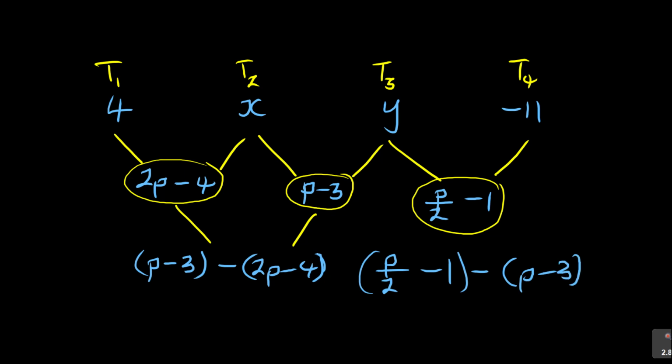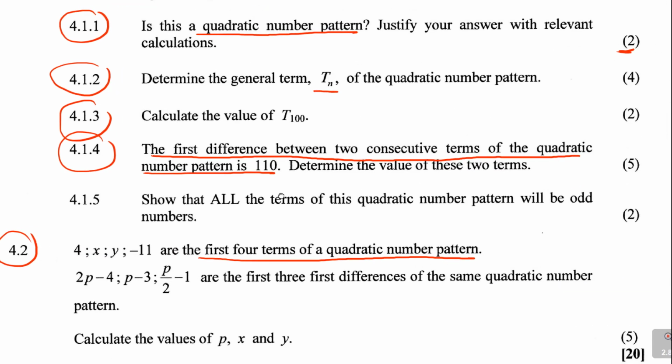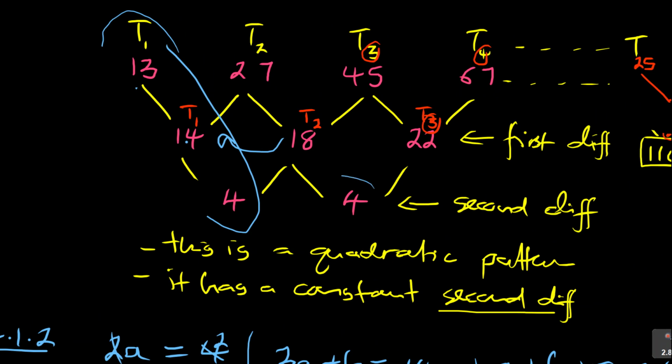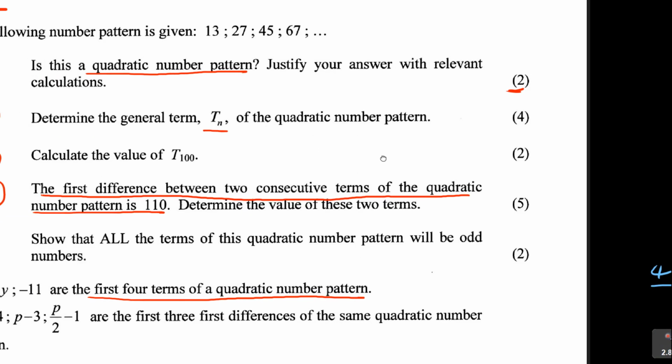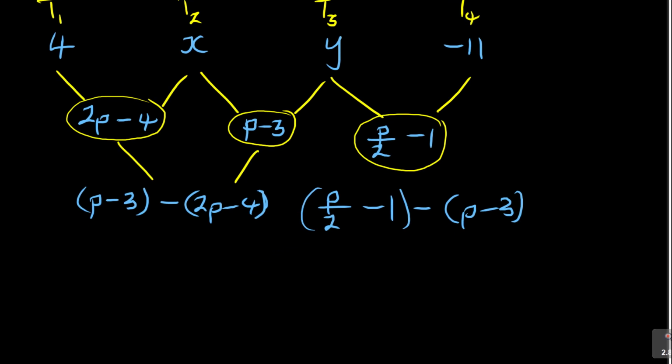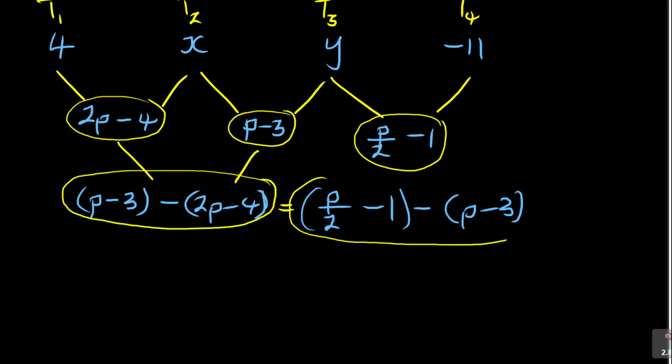Now, if I show you the previous quadratic pattern, remember when we went for the second difference, that number was consistent. We got 4, 4, meaning on the second difference, 4 is equal to 4. They will always be equal. So the second differences are constant, meaning they're equal. So even here, I can come back and say this one is equal to this one.